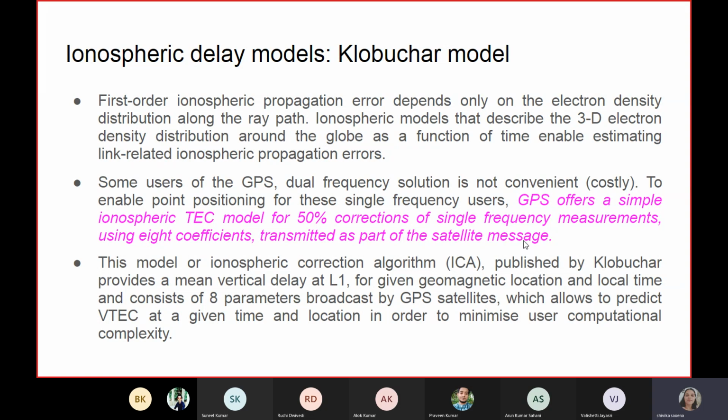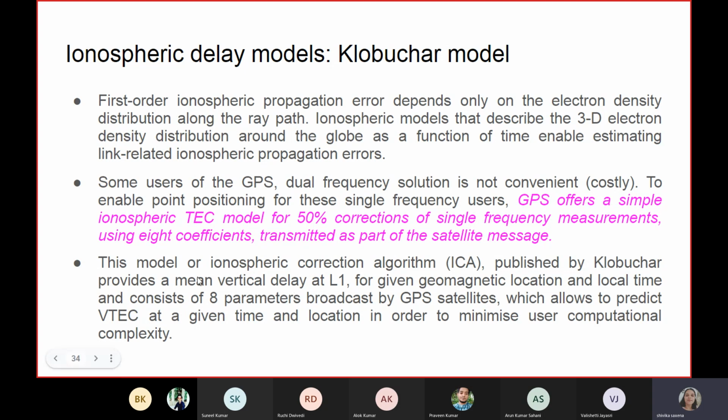So to enable point positioning for these single frequency users, GPS offers a simple ionospheric model for 50% corrections of single frequency measurements using 8 coefficients transmitted as part of the satellite message. So inside the satellite broadcast message, GPS offers information about 8 coefficients which help us model the ionospheric error. But these corrections are only 50% accurate. Again, this can be applied for single frequency measurements. This is the advantage as well as disadvantage of using such a model.